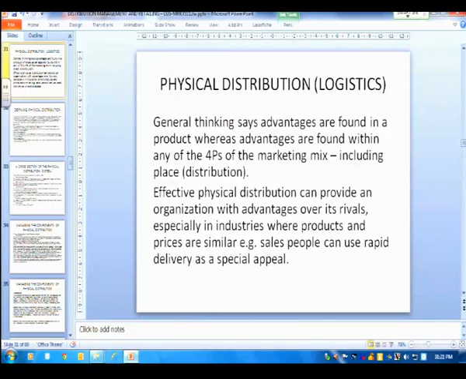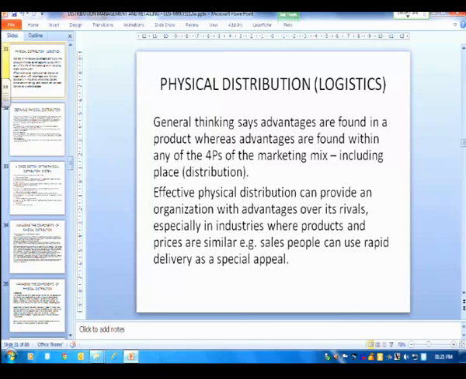Let's look at physical distribution, commonly known as logistics. Physical distribution or logistics. General thinking says advantages are found in a product, whereas advantages are found within any of the 4 P's of the marketing mix, including place, which is known as what?